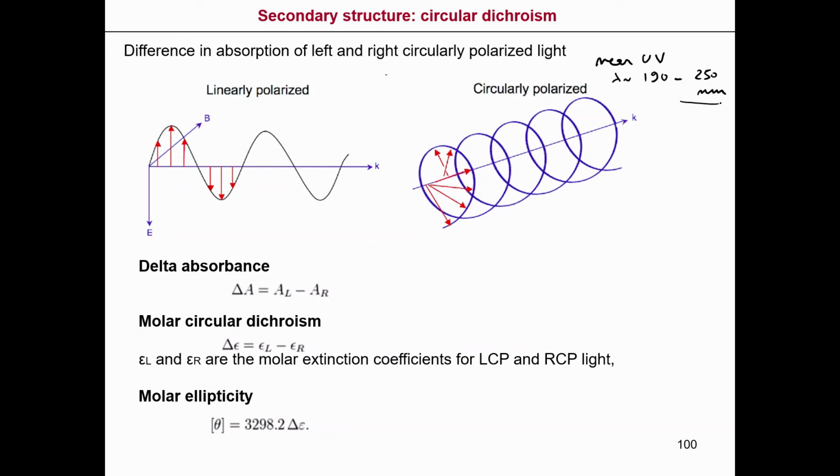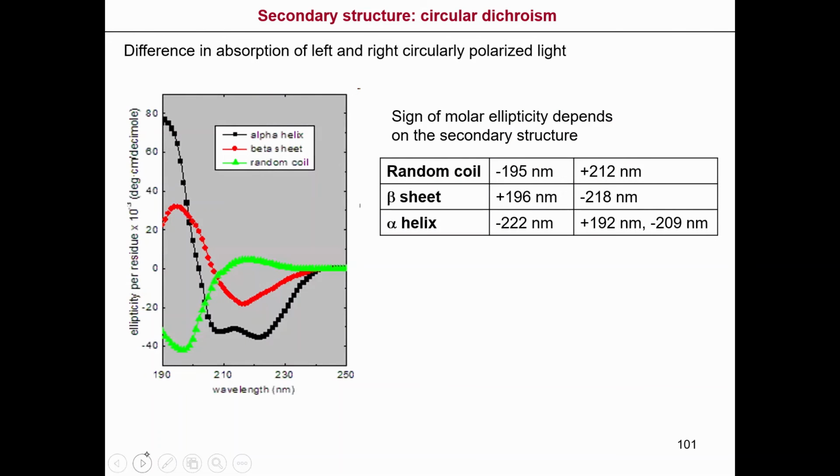So you will have a difference in the spectra when you use right or left circularly polarized light. You will record the difference between the spectra with the right and the left circularly polarized light, and you will observe this kind of spectra, okay?